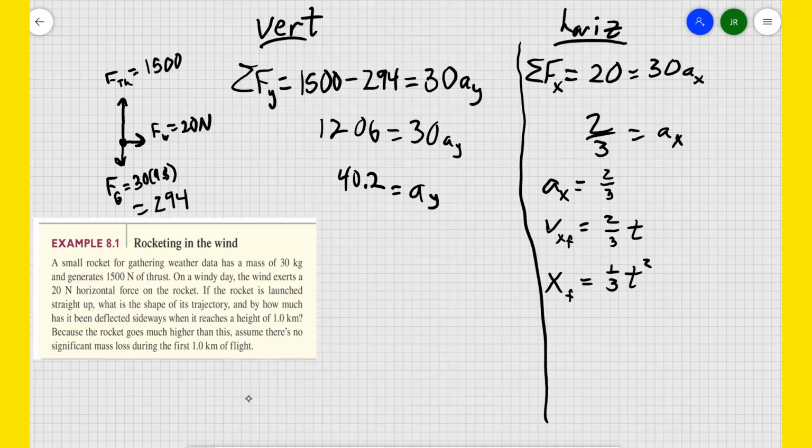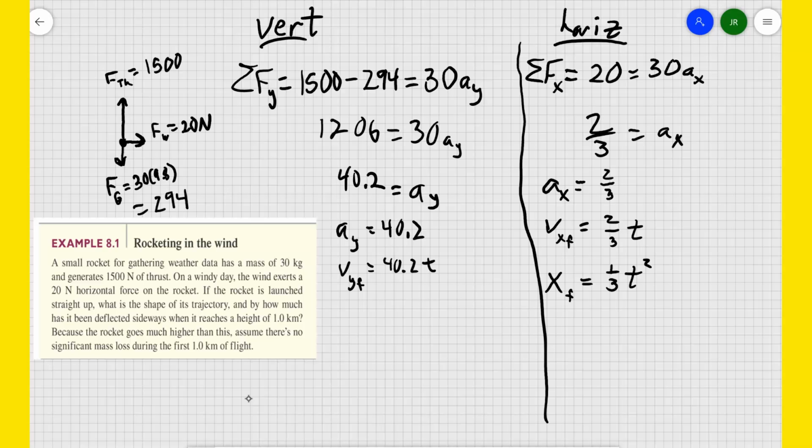Okay, so a sub y equals 40.2. So v sub y final will be the antiderivative of that, 40.2 t plus initial vertical velocity, which we could say is 0.